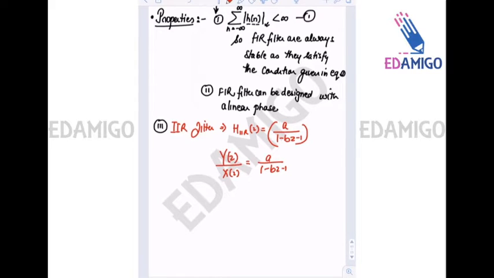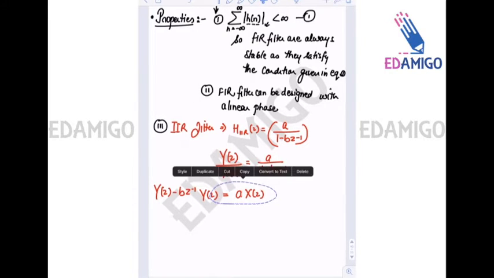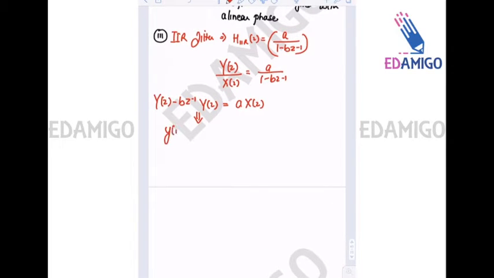So we can say that A times X(z) is equal to Y(z) minus B z inverse Y(z). Now converting this into a time domain equation, we get y[n] minus B y[n minus 1] is equal to A times x[n]. This implies y[n] is equal to A times x[n] plus B times y[n minus 1].